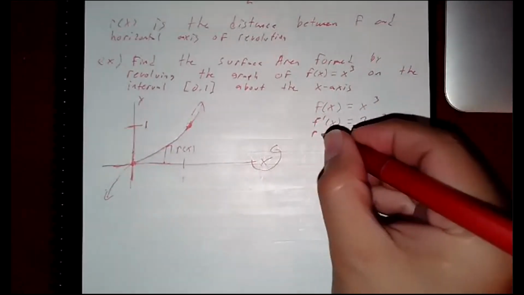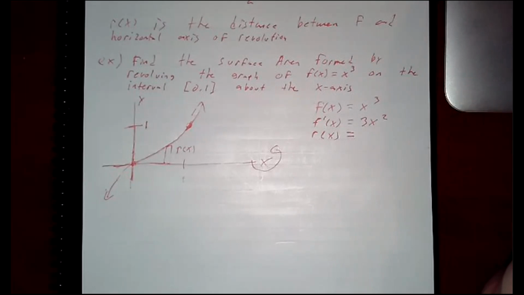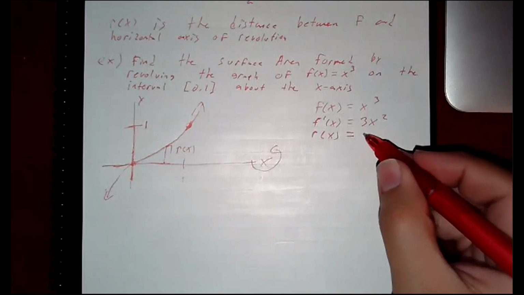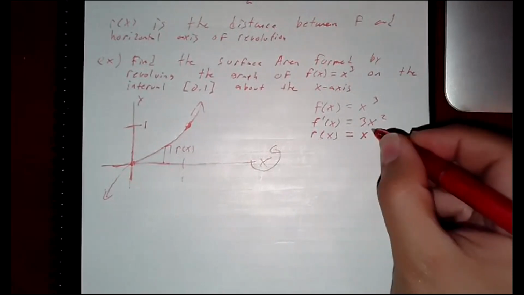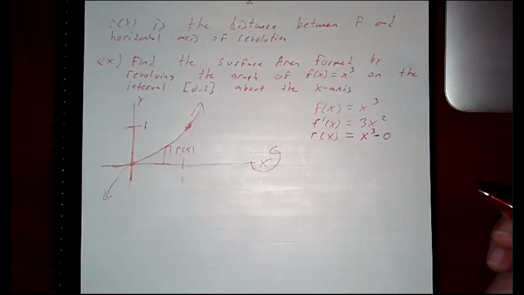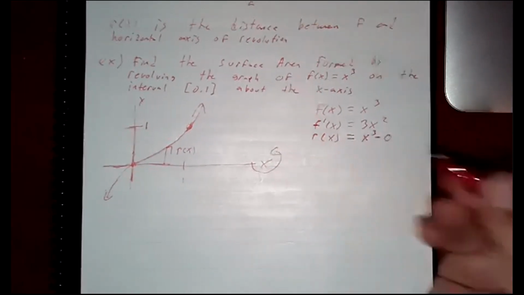What do you guys think r of x would be? It's going to be, well, what's the top of this section here? It's going to be x cubed minus the rotational axis. So we got f, we got f prime, and we got r.